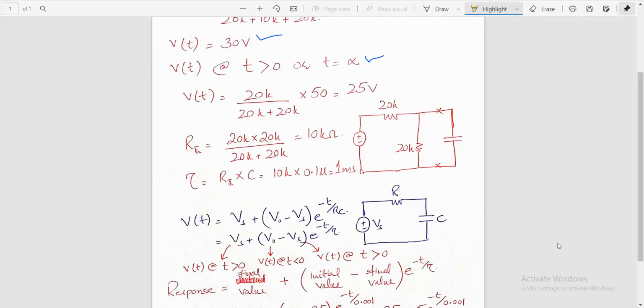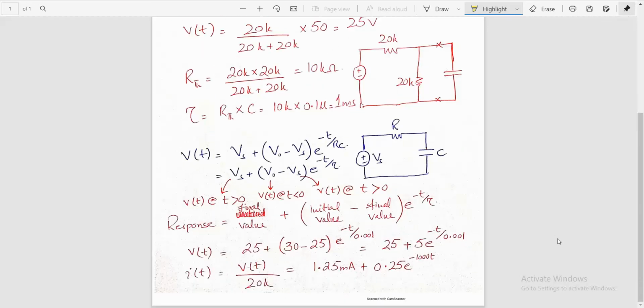I told you to calculate the value at 2, 3, 4, and 5 time constants. If you performed that, you must have seen that at 4 and 5 time constants, the capacitor is almost 100% charged, and if the time is increased beyond 4 or 5 time constants, the capacitor remains 100% charged.